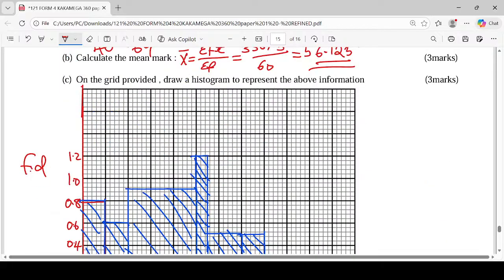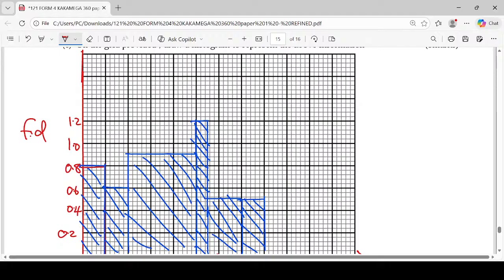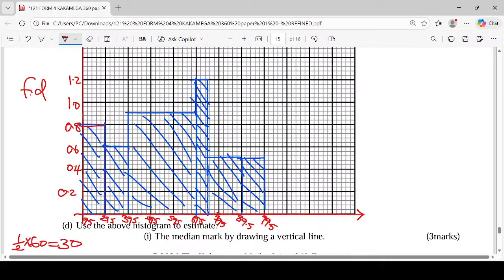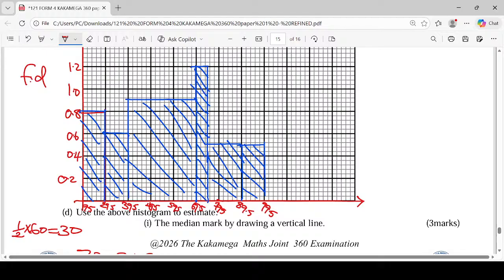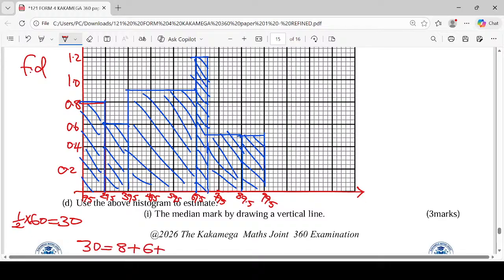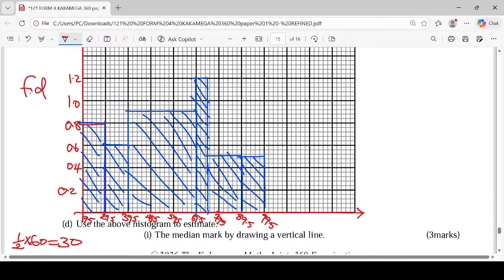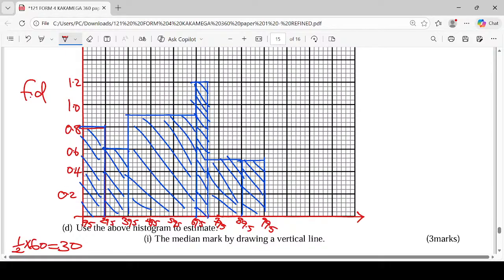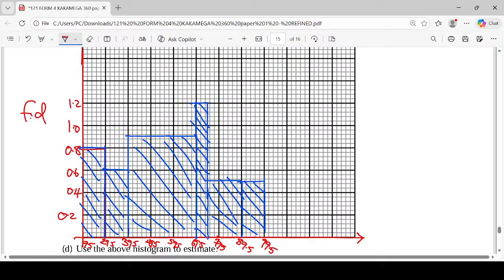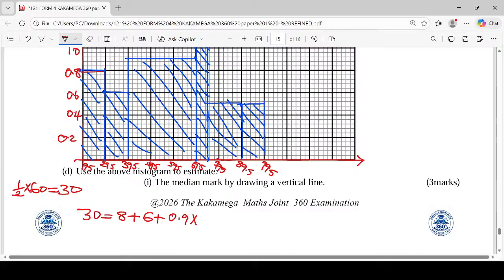The third bar is the biggest, and because we don't know, to calculate its area, I'm having that as 0.9 being multiplied by a certain value, maybe k.